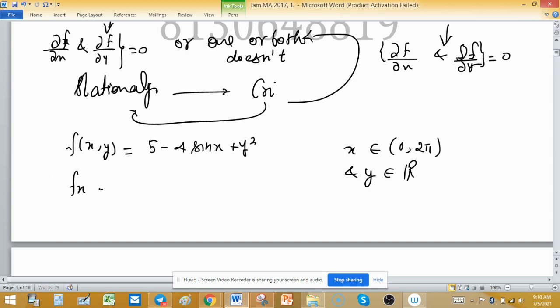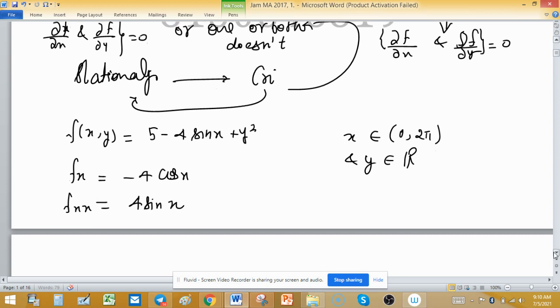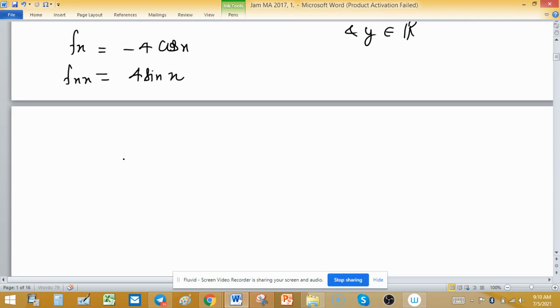So fx will be minus 4 cos x, fxx will be plus 4 sine x, fy will be 2y, and fyy will be 2. Similarly, fxy will be 0.